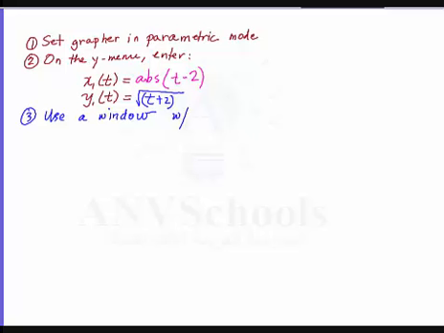In this case, we have the interval negative 3 to 7, and also set your x window to the interval 0 to 5, and also your y from 0 to 5 also.